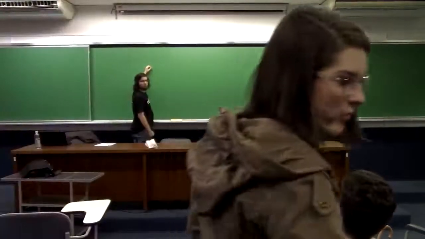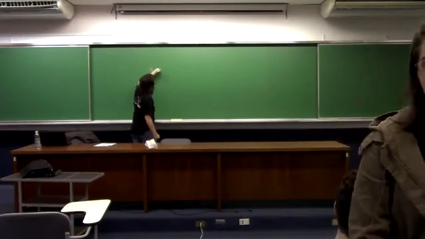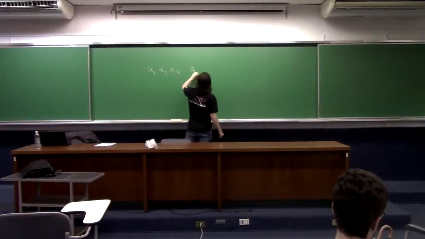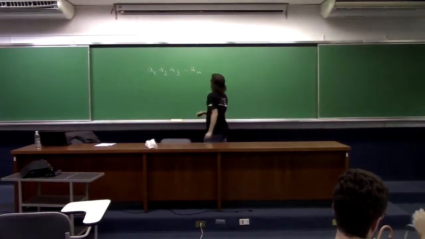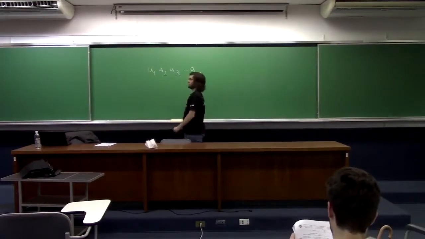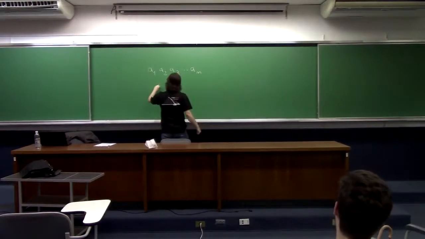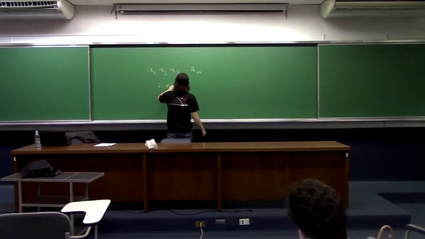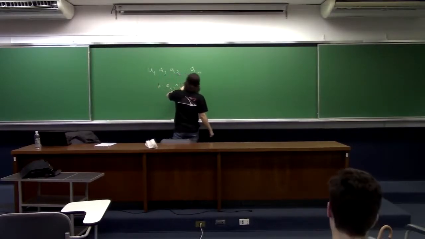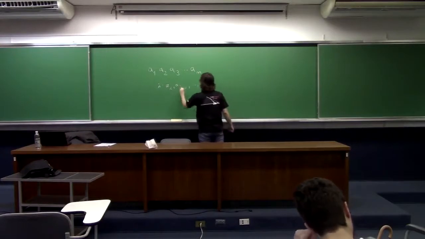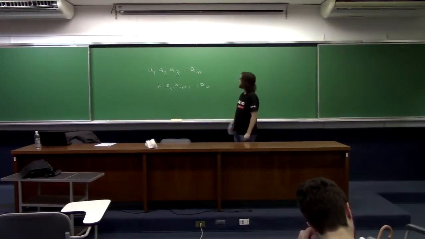So we have some array A1, A2, A3 to AN, and we should find the first index I such that A_I, A_I plus 1, etc. through AN form an arithmetic sequence.